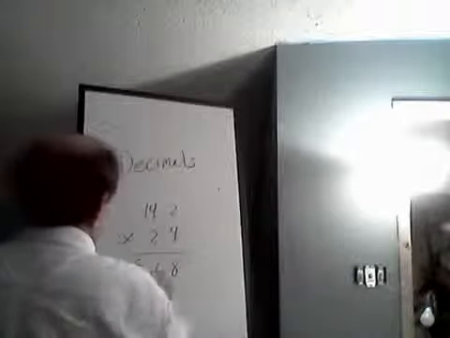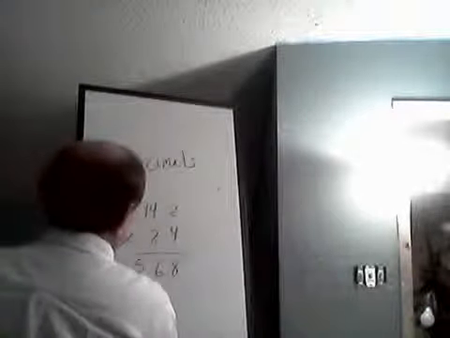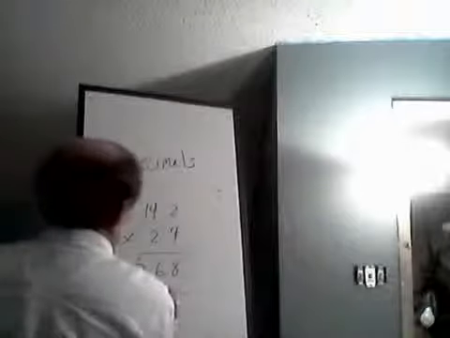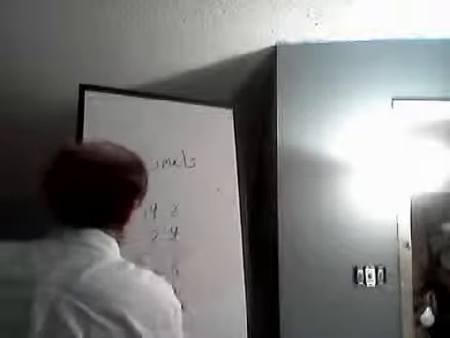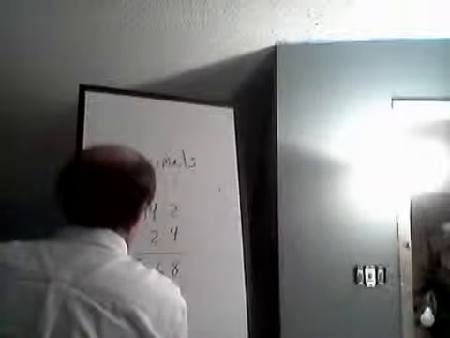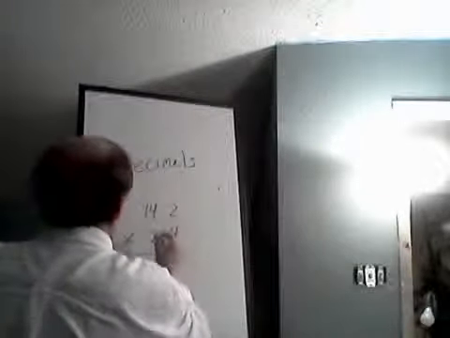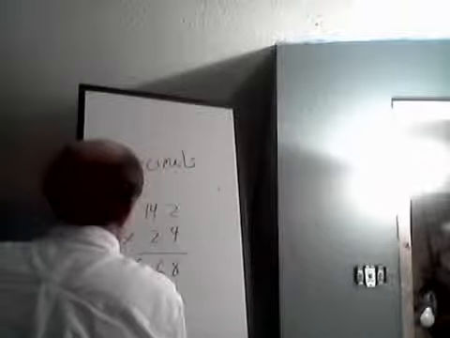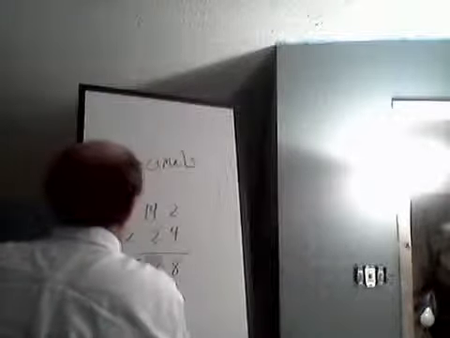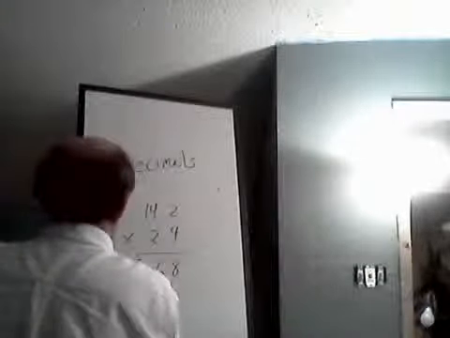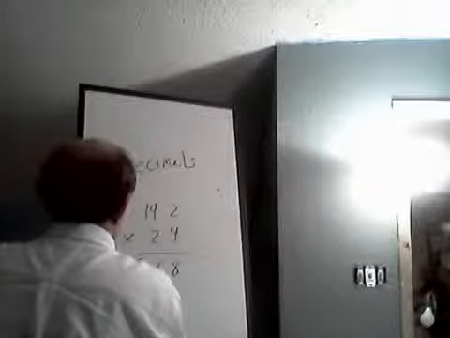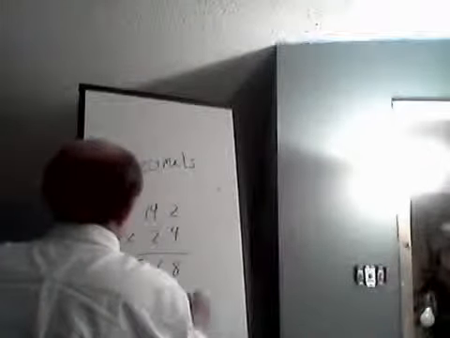Then you come down. You move it over 1. Because anytime you multiply, you got to move it in one space. 2 times 2 is 4. Write down where this number is. 2 times 2 is 4. Then 4 times 2 is 8. Okay? 2 times 1 is 2. All right? Not too bad.